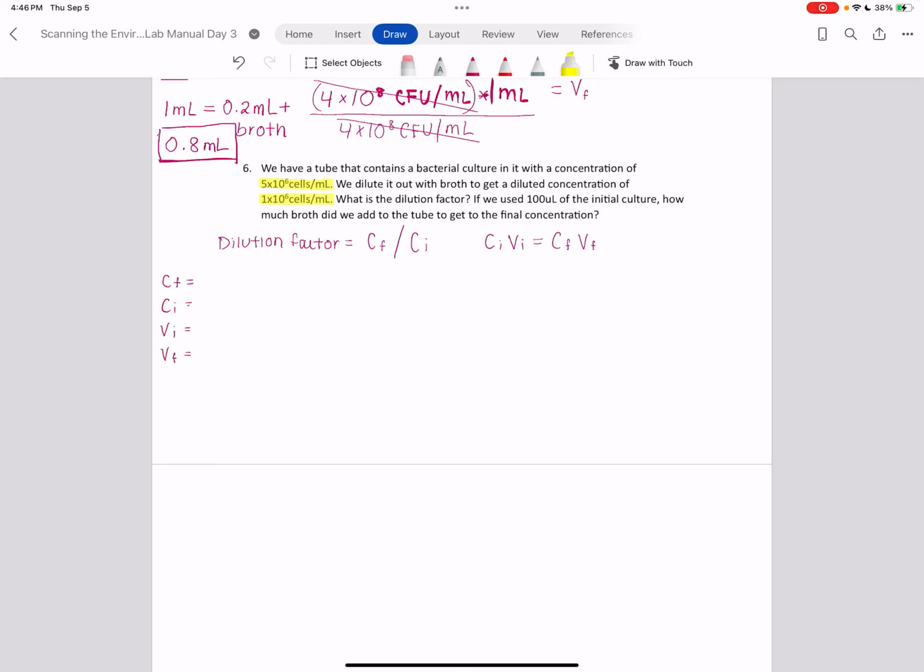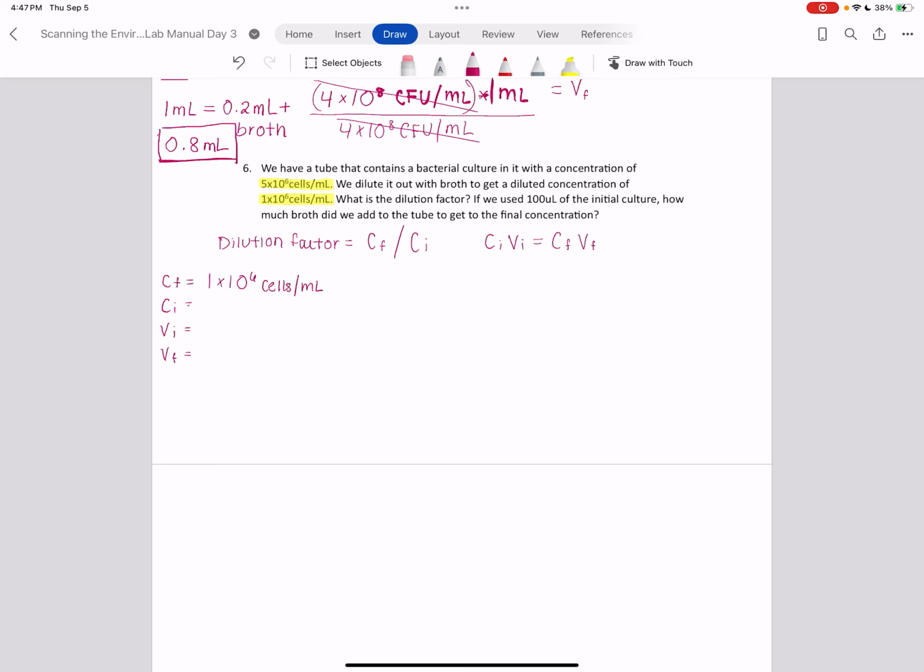The question is first asking us, what is the dilution factor? The equation we can use here, because we are given 2 concentrations, is the dilution factor being equal to CF divided by C initial. If I plug my numbers in over to the side, first and foremost, we know that we're ending up with a culture that is 1 times 10 to the 6th cells per ml.